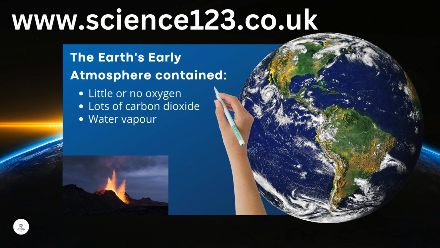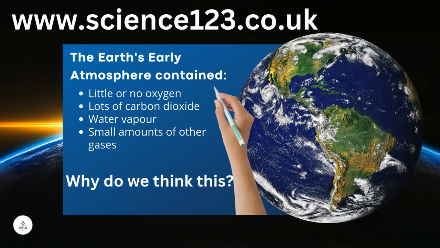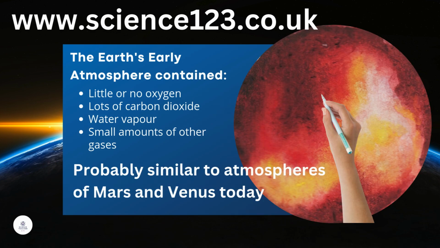Water vapour. And small amounts of other gases. And can you remember why scientists think this? It's because we assume that the Earth's early atmosphere was similar to that found on Mars and Venus today.